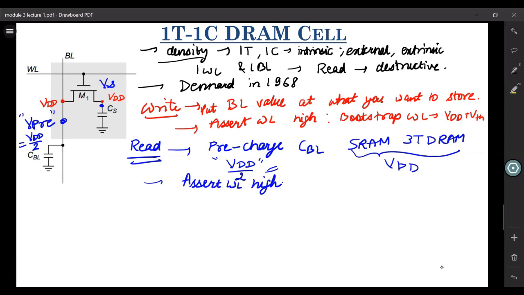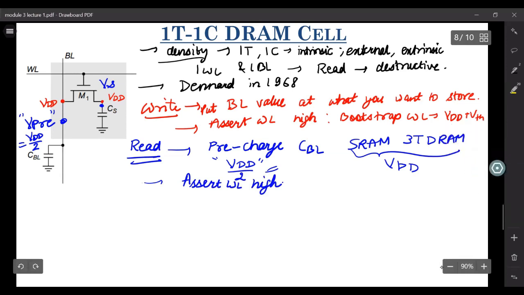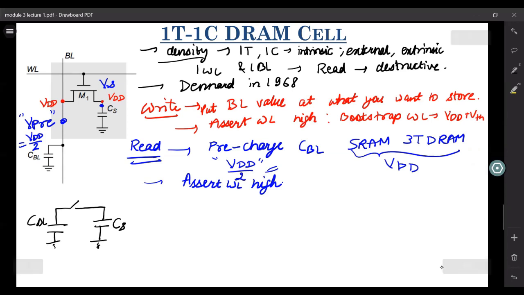So now let us look at the picture more closely. So you have this CBL. You have this M1 which is acting like a switch, and you have this CS, and then you have this potential at Vs initially, you have this potential at V precharge, and now when you are asserting this word line high, you turn the switch on.